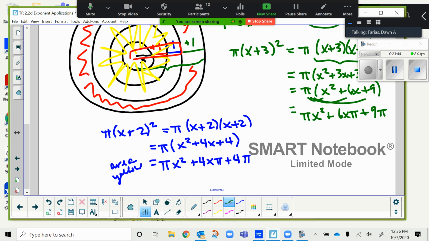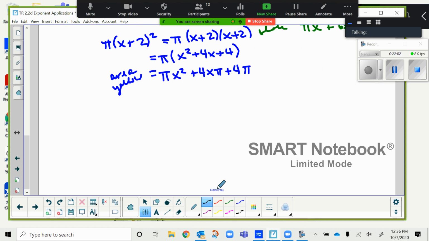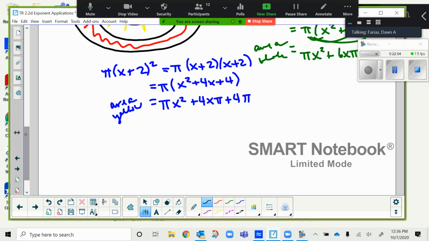And then the green stuff was the area of the whole thing. So in order now to find out just the red third level, we subtract those from each other. So that's going to look like this. The green stuff, which was pi x squared plus 6x pi plus 9 pi.